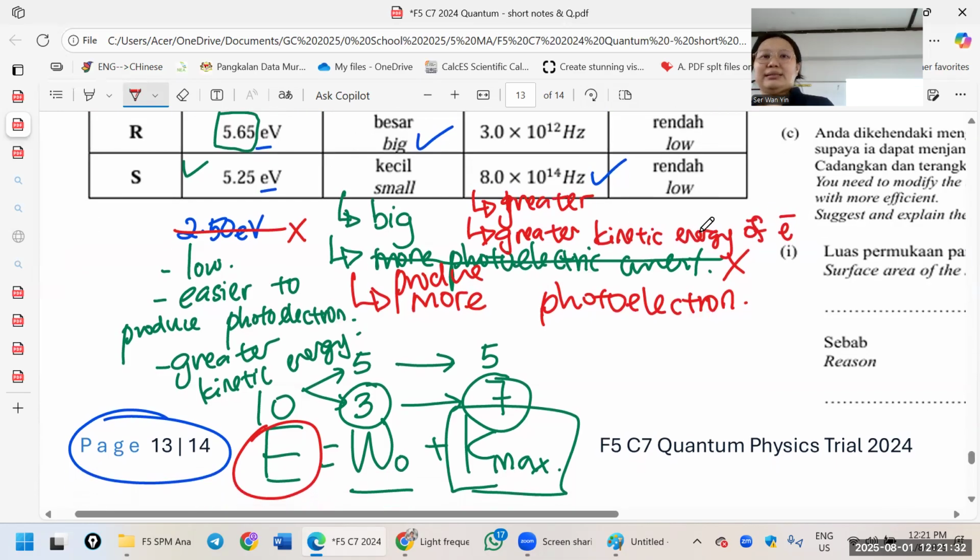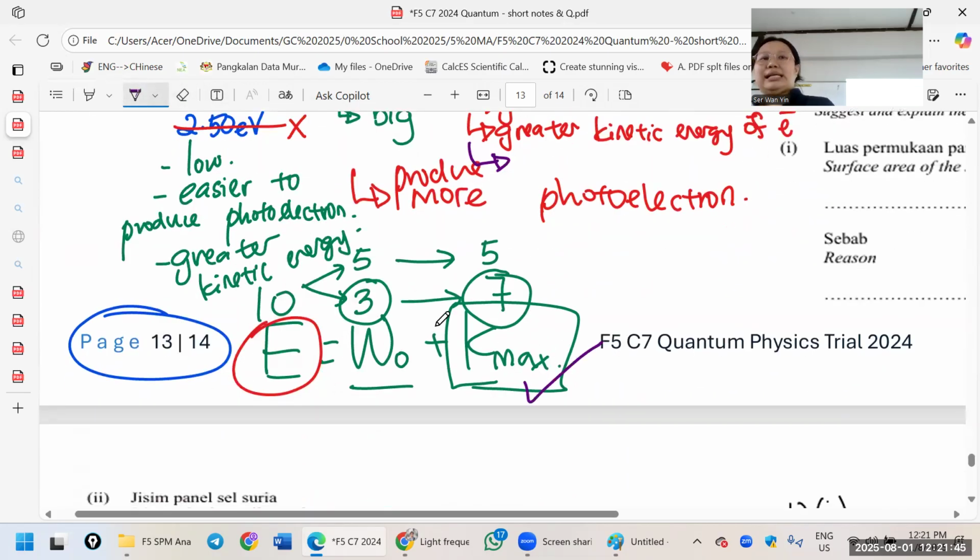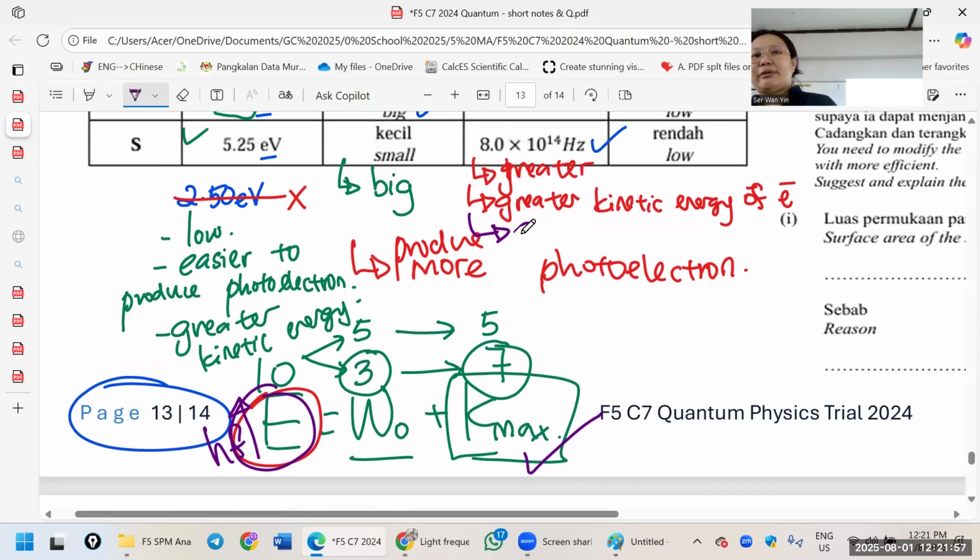One more, what you can say? E equals to hf. Frequency higher means E higher. What energy? Photon energy. So write one more, greater photon energy. 可以吗？The question just repeat here, repeat there. That's it. So if you see this, please get full marks from here.